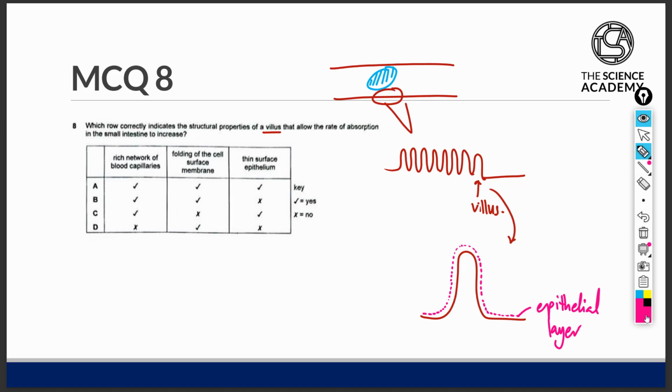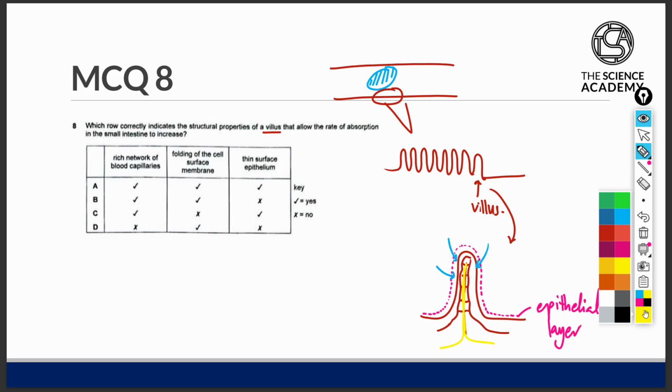On the opposite side, or the underneath side, of the villus, there are blood capillaries present to receive the food molecules that will be diffusing across the thin epithelial layer and into the blood capillaries. Apart from the blood capillary, there is also a lacteal, which is part of the lymphatic system.